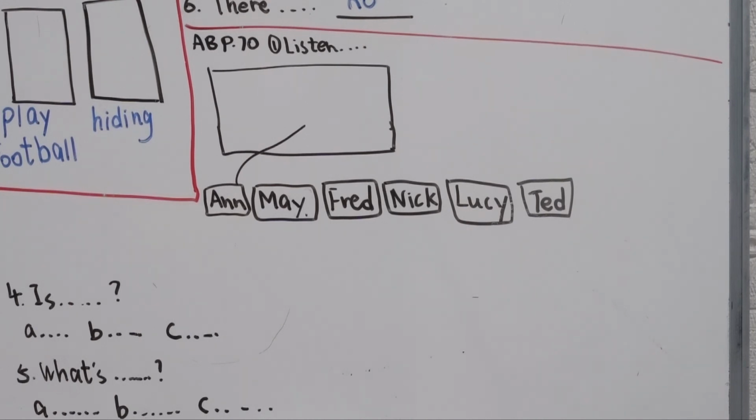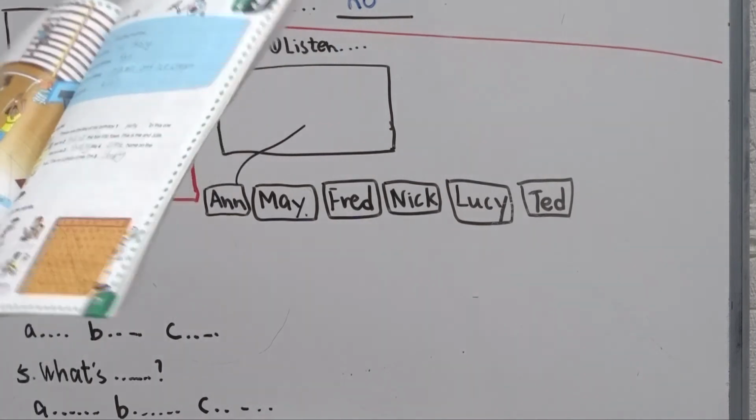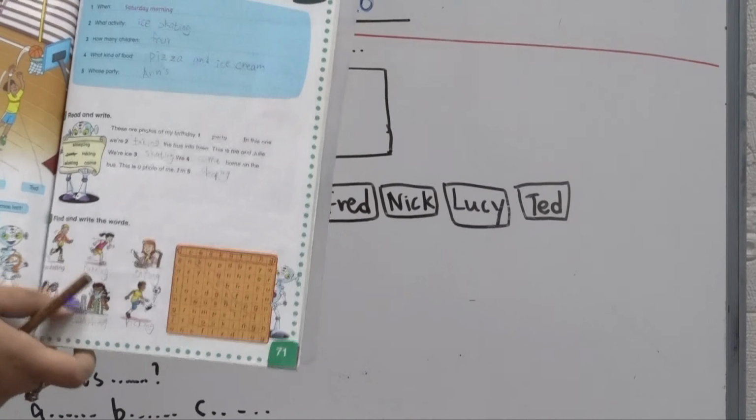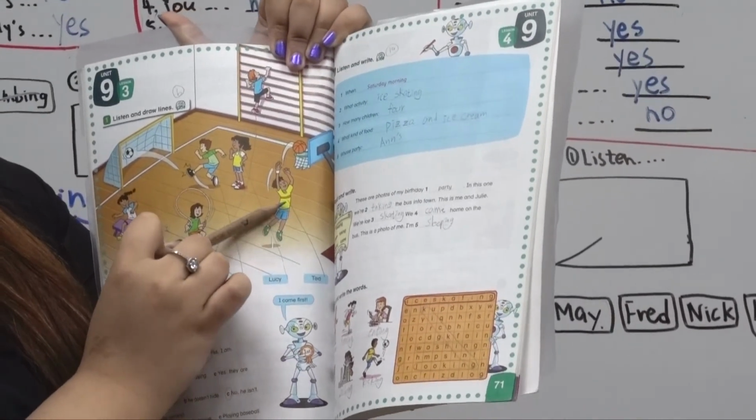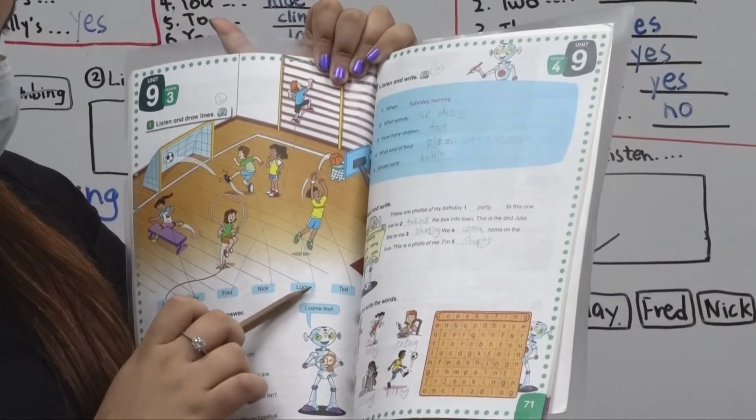So, very good. Actually, we are done with this part. So let's check the answers together in my book. So let's have a look. So Ted is the one playing basketball. Lucy is the one here.